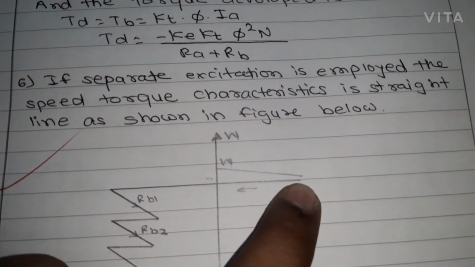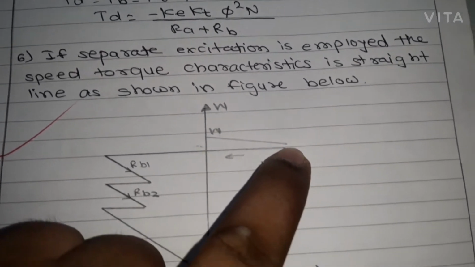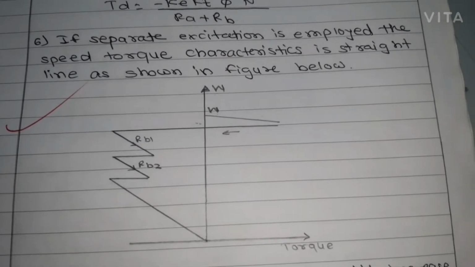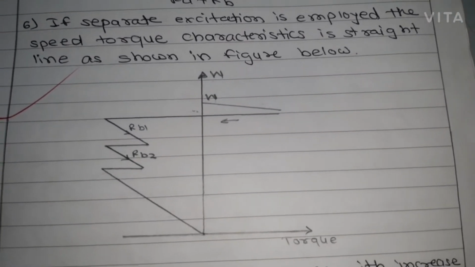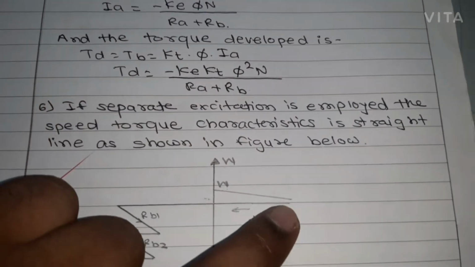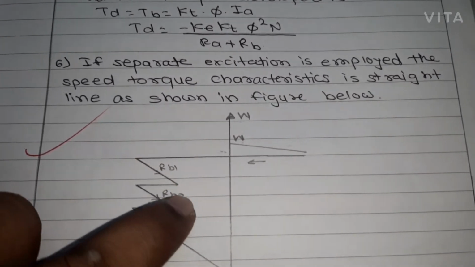To perform this braking, we first run the motor in motoring mode. So this will be the operating point in the first quadrant. The first quadrant is the motoring quadrant. Then we switch the armature from supply to the braking resistor. Suddenly the equation will become this one, the operating point will shift here, and it will be on this characteristic passing through origin.